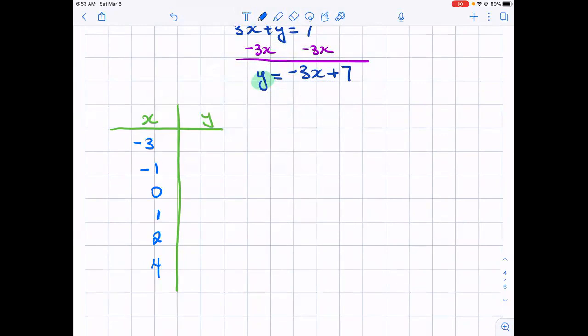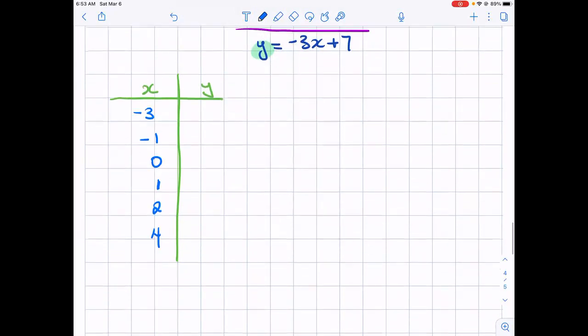You are randomly choosing values. These are random values you choose.